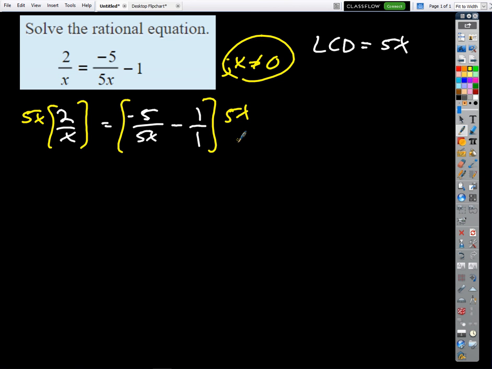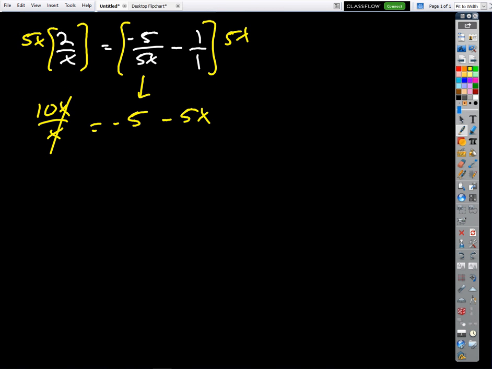So if I distribute the 5x through, I get 10x over x, right? Equals, the 5x's will cancel here, so I get a negative 5 minus 5x. And what am I going to do here? I've got a 10, so I can add the 5 to this side. I get 15 equals negative 5x.